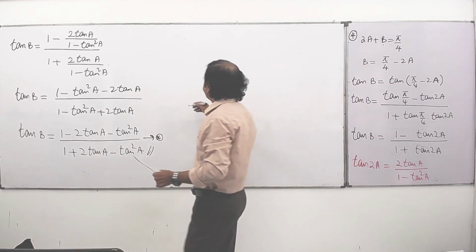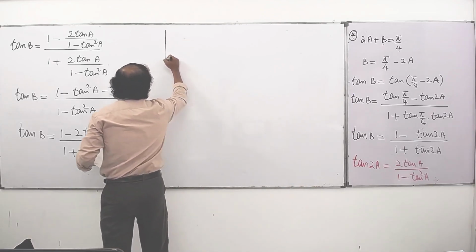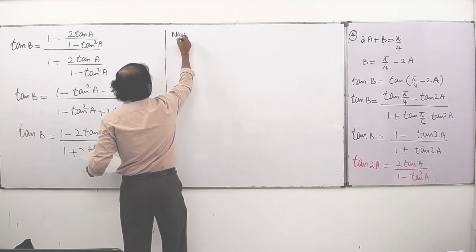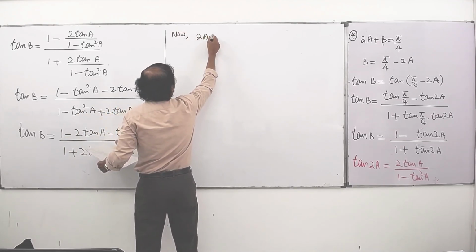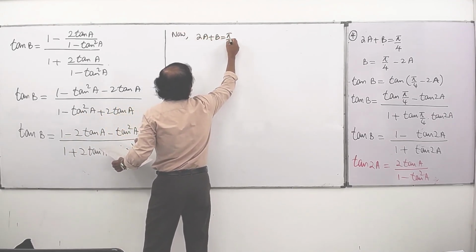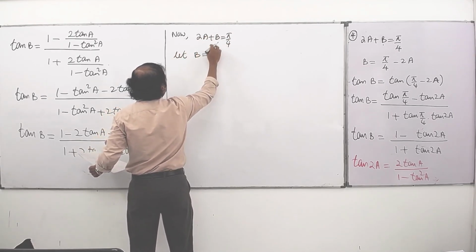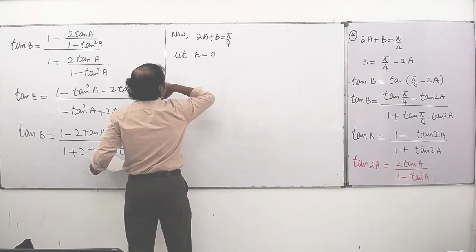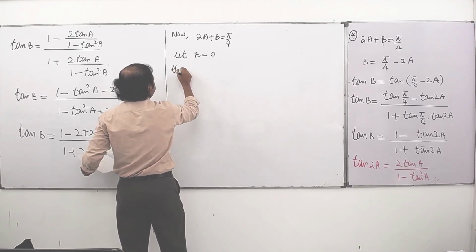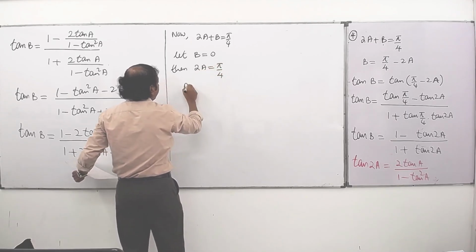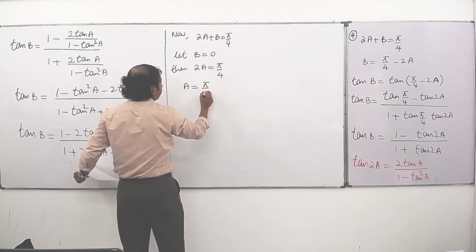Right. Okay. Then you can see here, 2A plus B is 5 by 4, let B equal 0. This B we take as 0. Then we get 2A equals 5 by 4, A equals 5 by 8.